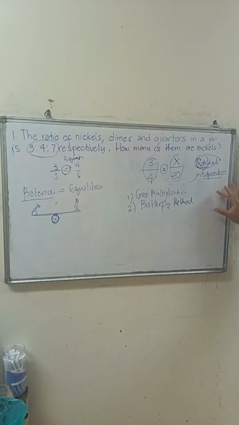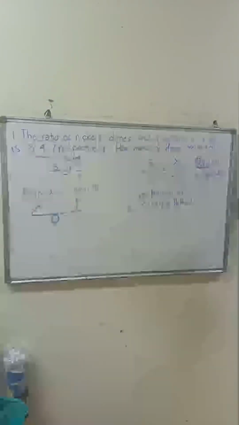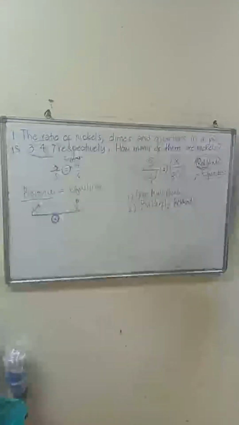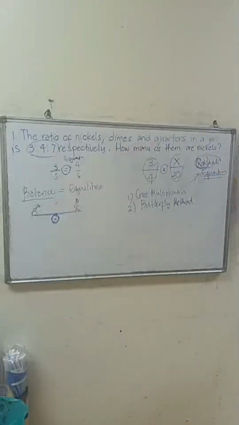But in the butterfly method, let's check, because usually it can be applied if there is a positive or negative sign like that. Let's try also if the butterfly method can be adapted if there's an equality sign. You get the point?